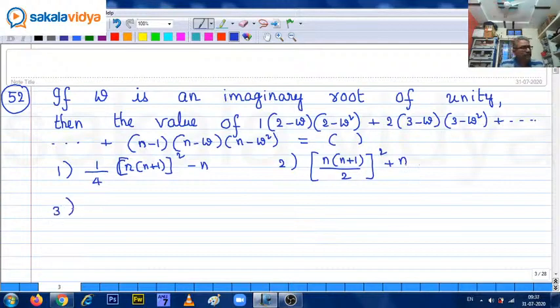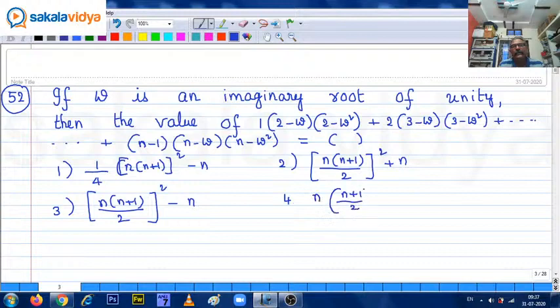Third option: (n times (n plus 1) upon 2) whole square minus n. Fourth one: (n times (n plus 1) by 2) whole square minus n. This is the question.